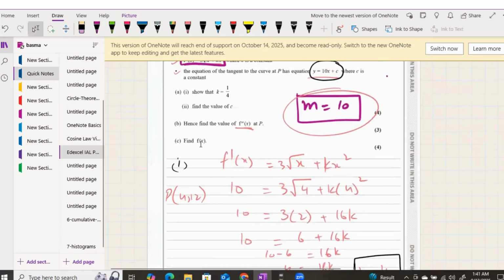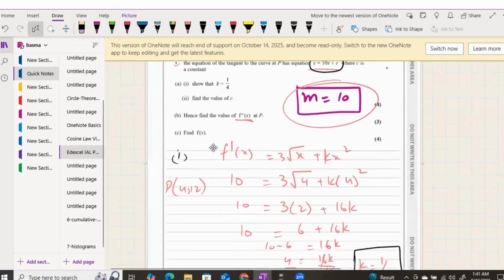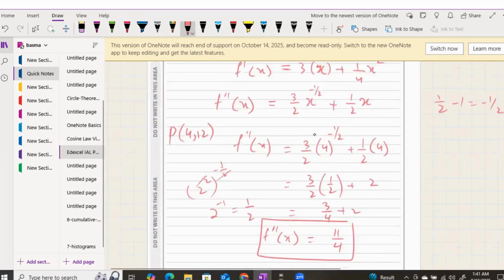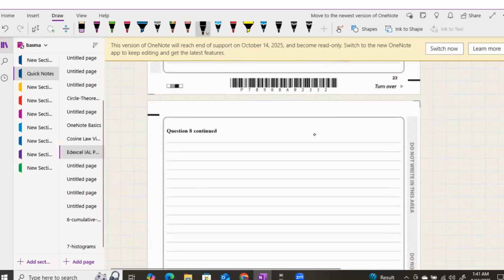Now part C. Find f of x. Okay, listen, that is what 4 marks, so you're going to do integration here. Whenever they give you the first derivative, we have to apply the integral to remove that derivative. In part C we have to find the f of x curve.